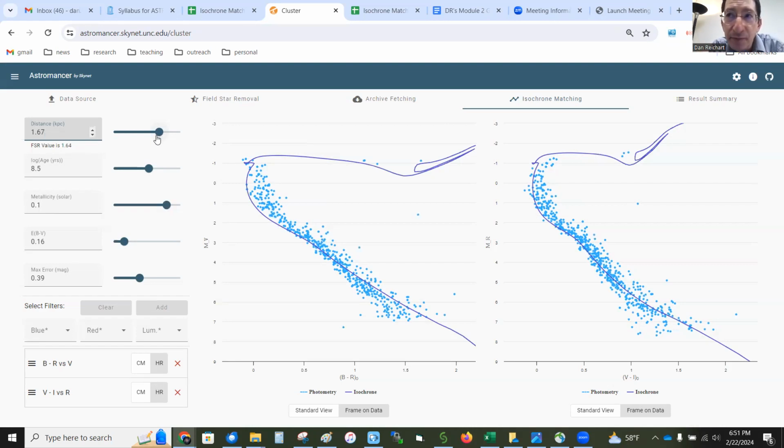It's never going to be perfect for a wide variety of reasons. These isochrones are created on a computer based upon a model of how stars work, and these models get better each and every year, but they're not perfected yet. Some of the calibration in these different filters may be off, or you may have just a really complicated cluster.